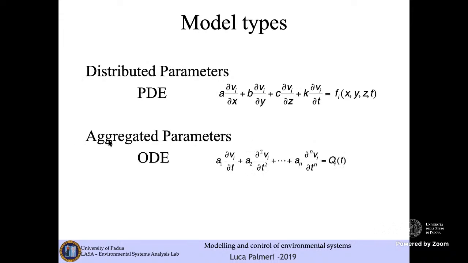From a mathematical point of view, we have a further distinction or classification. The most important one is the distinction between distributed and aggregated parameters models.